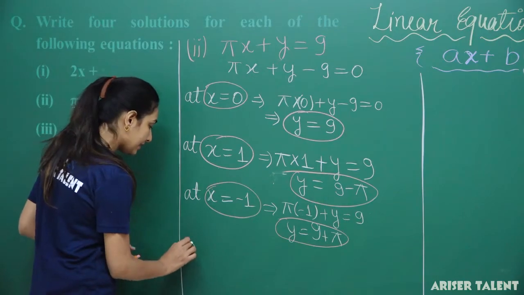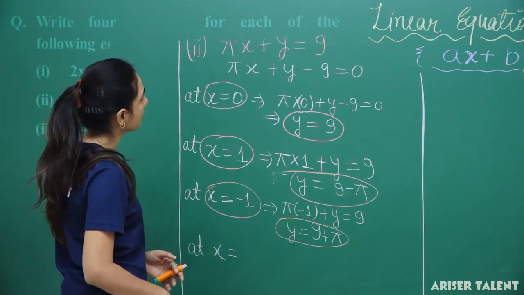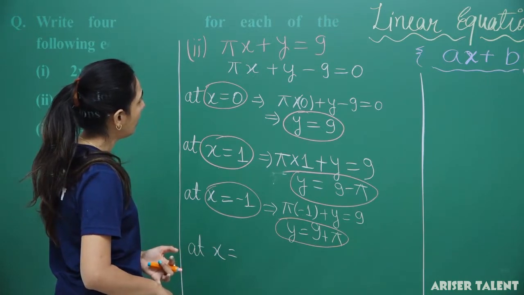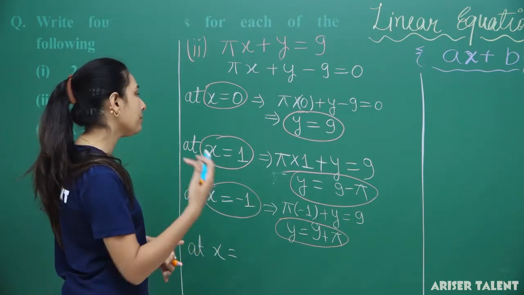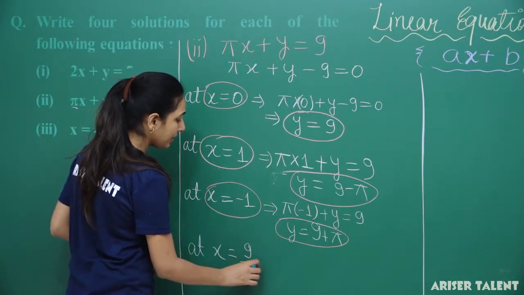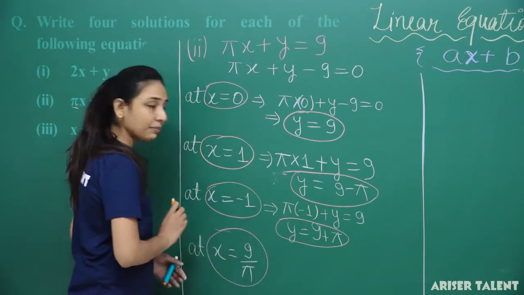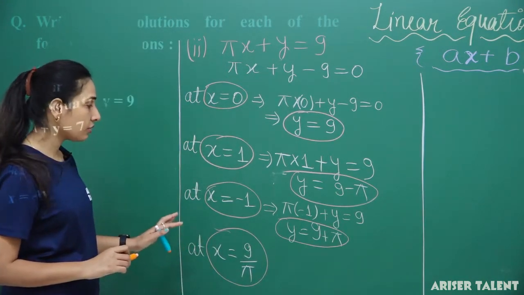Now, what else? At x equals to what? Let's have x equals to 9 by pi. I just want to eliminate this pi somehow. So, that can be a value also, that is also a real number.